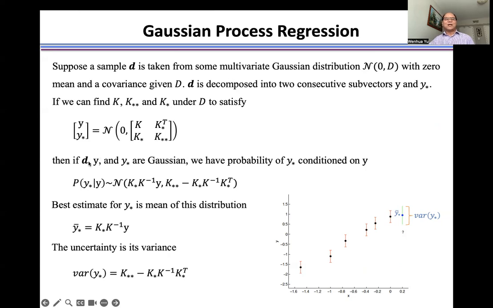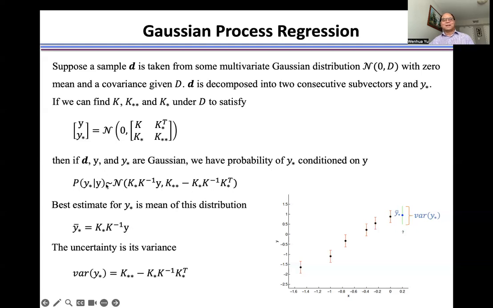However, if y and y star are Gaussian, then we can solve this Gaussian process through the regression method. We can find the conditional probability of this y star conditioned on these training observations y. So we have a mean and covariance of the Gaussian process.